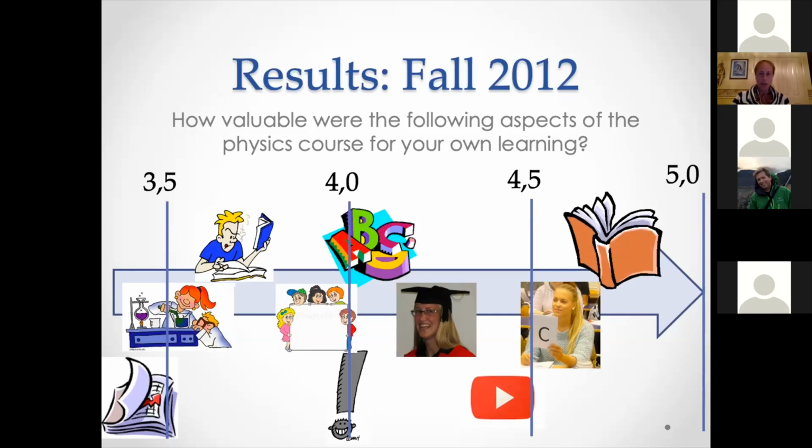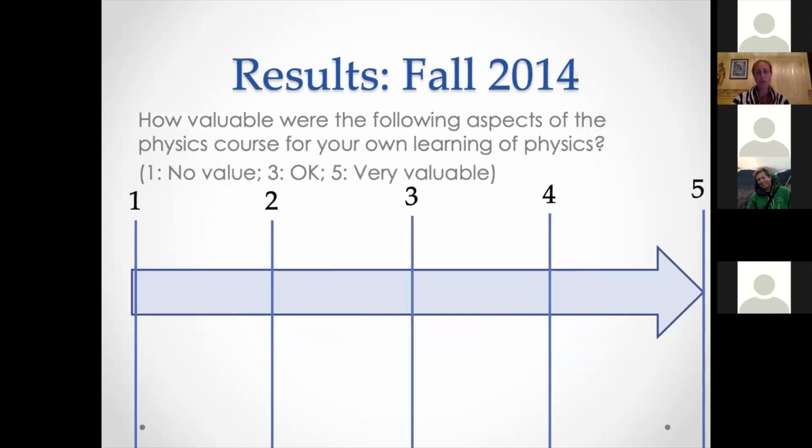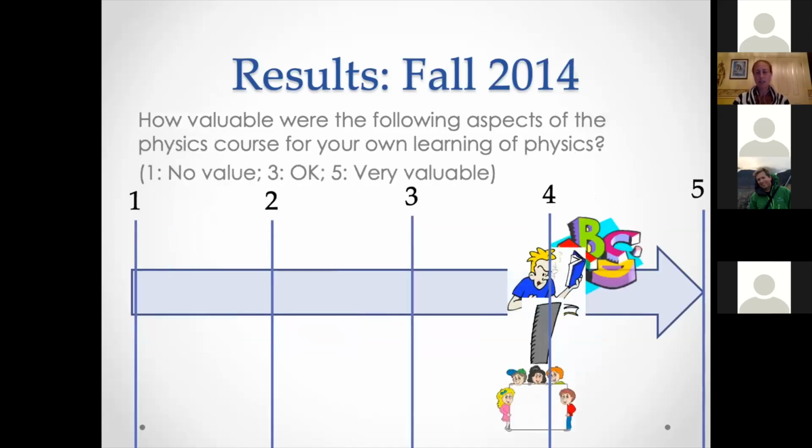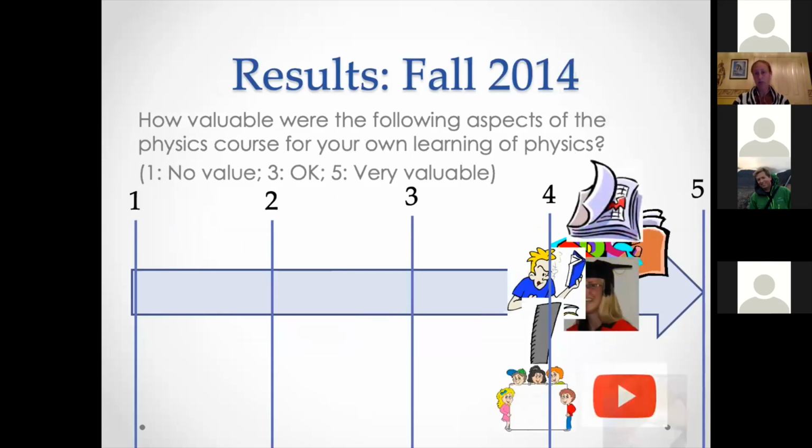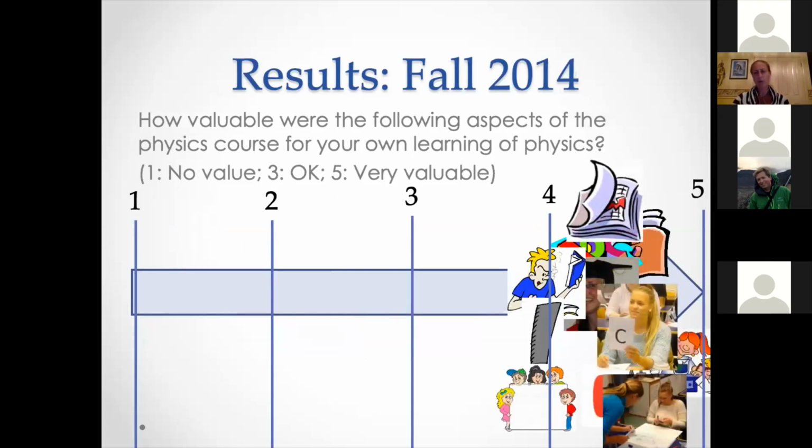Now, as the years passed, I tried to make improvements, especially on the aspects that were seen as the least valuable. So by 2014, basically all of them fell between 4 and 5. And at that point, I didn't really see the point in splitting hairs and looking at the difference between them, because to me, they were all relevant parts of the course.